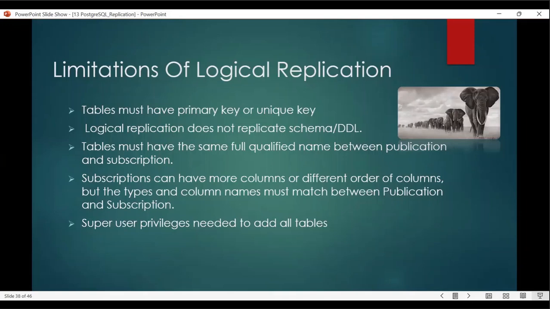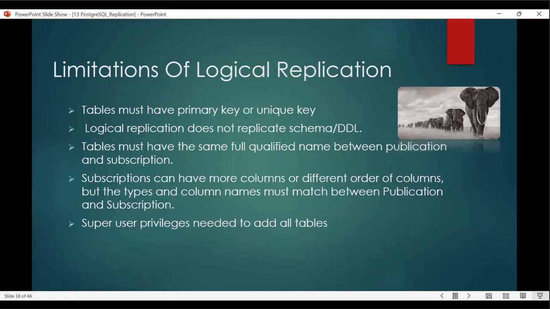For example, if you create an index at the source, it will not replicate to the target. All the DDL statements like create and alter will not work as part of replication. This is working from version 17. They have introduced DDL support from version 17, but up to version 17 we don't have DDL replication as part of logical replication.